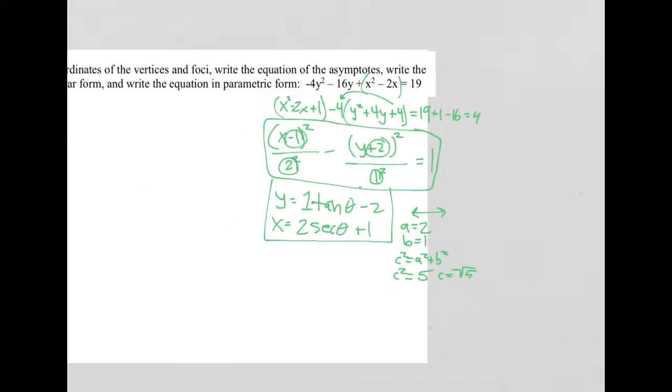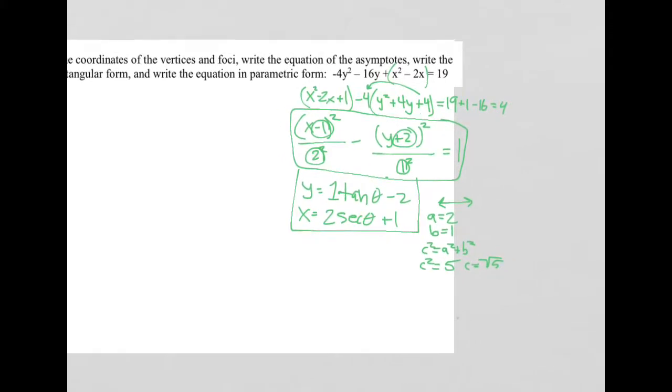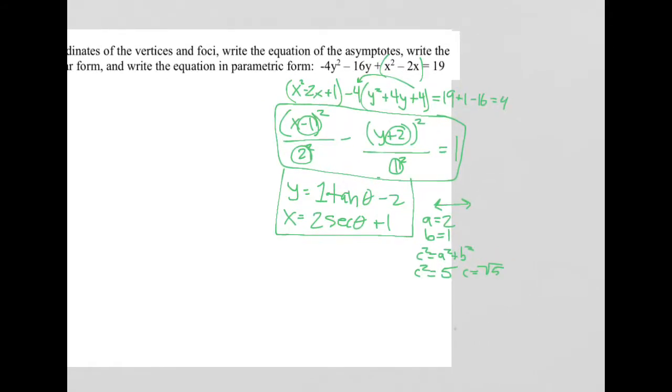We see that a bunch. Since this is horizontal, the x value of my center will change to give me my foci. The center is going to have an x value of 1 and a y value of negative 2.